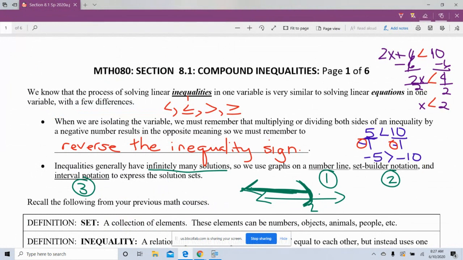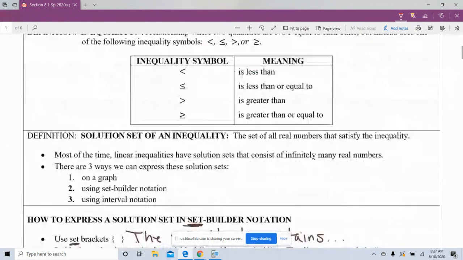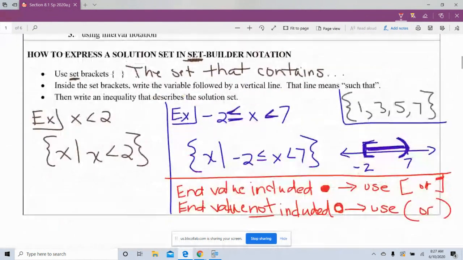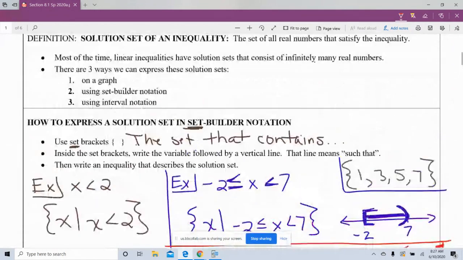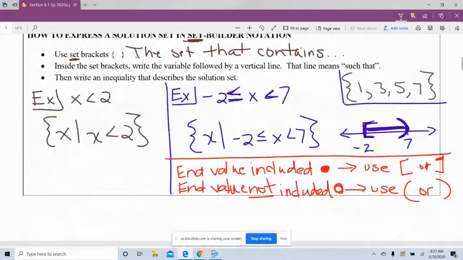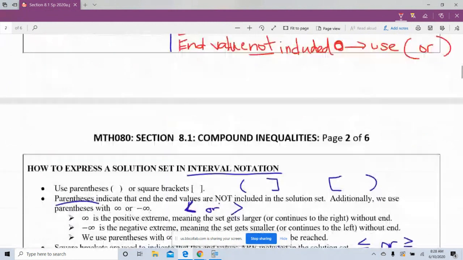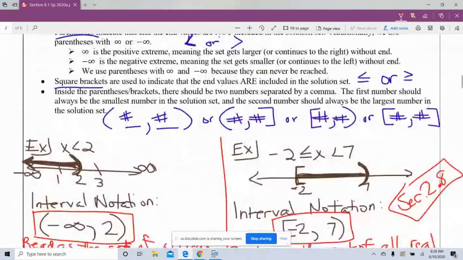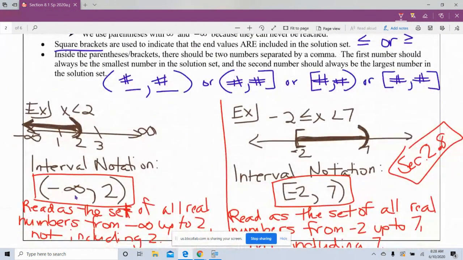I also looked at the different ways of expressing your solution sets: either graphically, as you can see I've done here, or using set-builder notation as I've done here and here, or using interval notation as I've shown here and here. So here's the graphing on a number line, and here's the interval notations here.